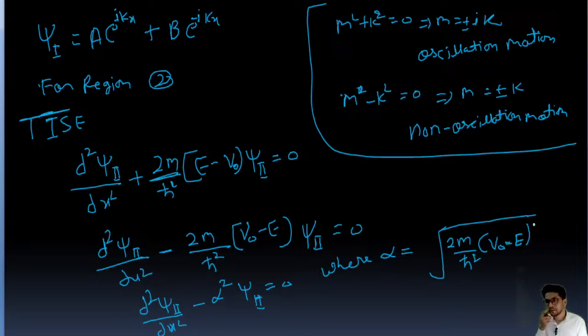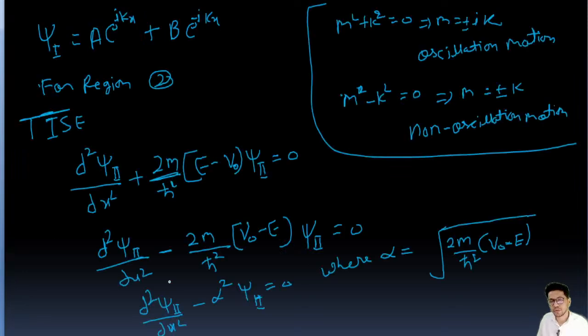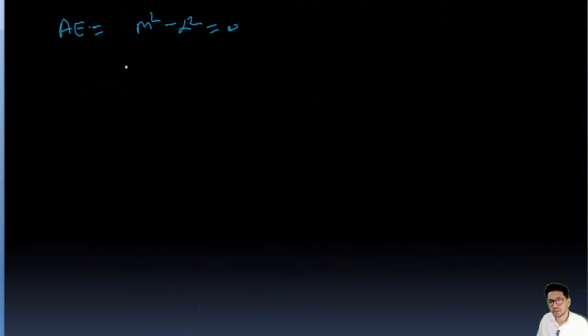Okay, this is one. Now we'll solve this equation. The auxiliary equation is going to be m square minus alpha square equal to 0, because this is alpha. Okay, value of alpha is this. So m equal to plus minus alpha.